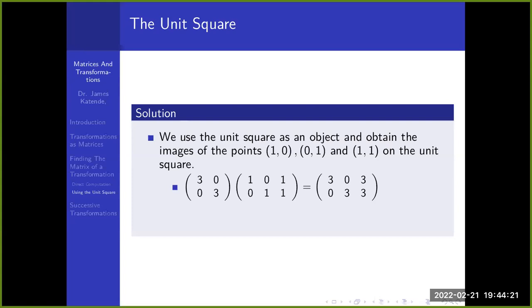The point 1, 0 is sent to the point 3, 0 under this transformation. 0, 1 is sent to 0, 3, and 1, 1, which is the other point on the unit square, is sent to 3, 3.